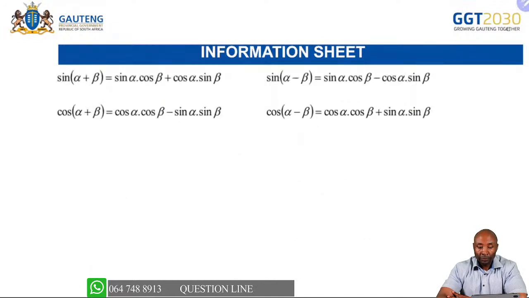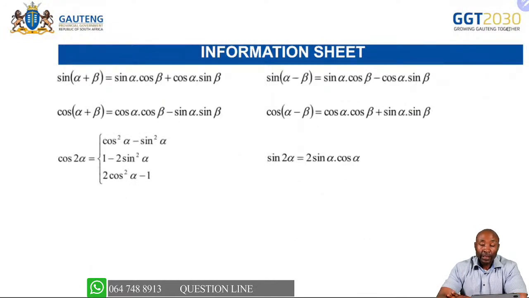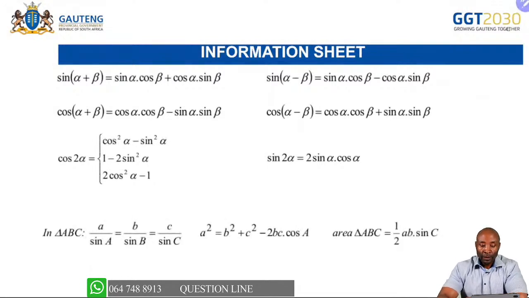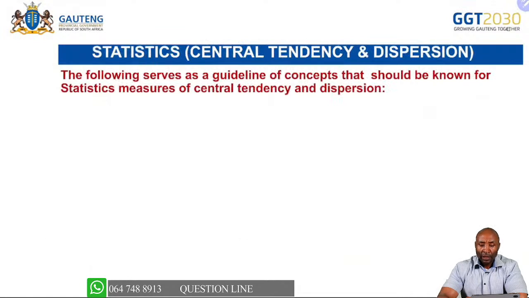We'll move along. Trigonometry formulas that you must know and you must use. Please, let's refer to the formula page so that we do not write wrong formulas or identities as we answer questions. Now, I will start with statistics.